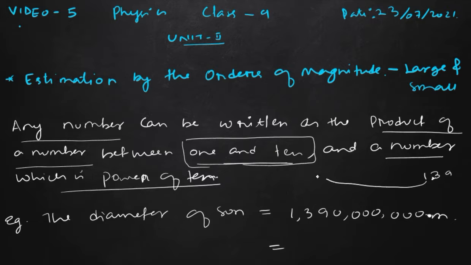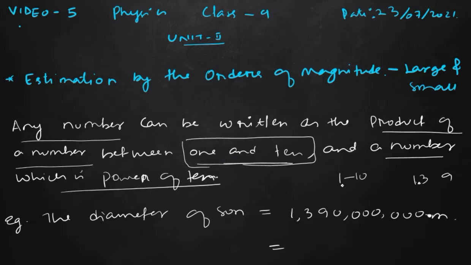But if I put the decimal after 3, that is 13.9, this number is greater than 10, but we need a number between 1 and 10, and 13.9 does not belong to 1 to 10. So if the decimal is here, 1.39, then it belongs to 1 to 10.